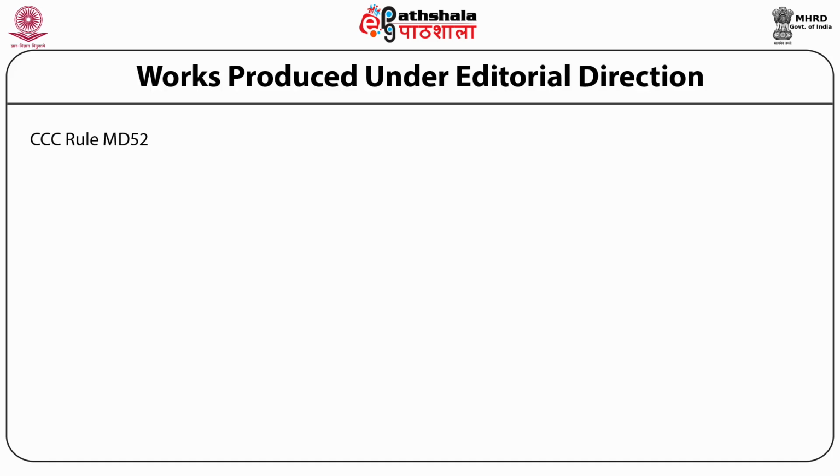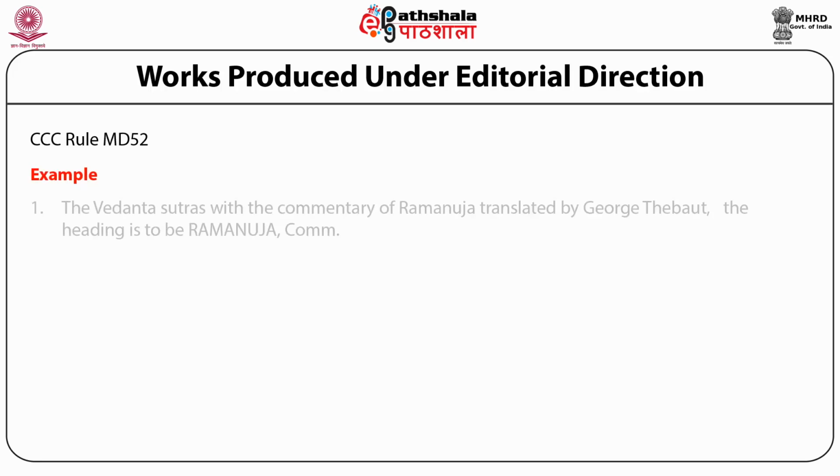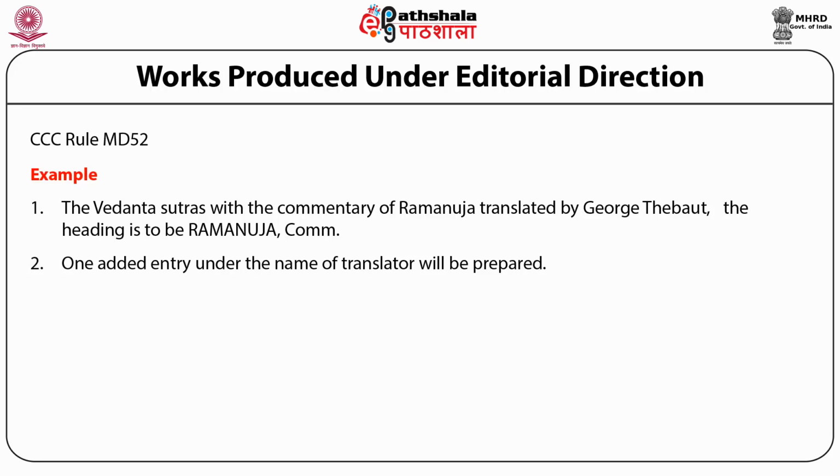The name of the one making a more important contribution than the other is to be chosen. Example: the Vedanta Sutra with the commentary of Ramanuja translated by George Thibaut. The heading is to be Ramanuja, commentator, underlined. One added entry under the name of translator will be prepared.